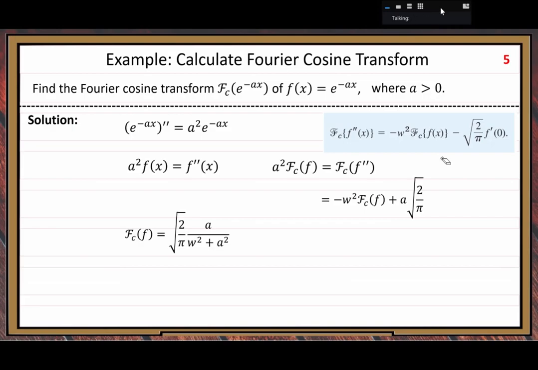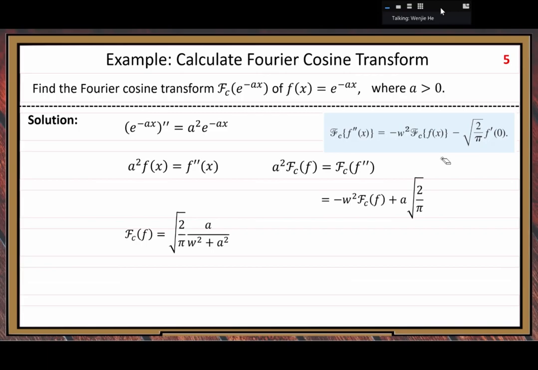But you can try the first derivative version, because after you apply the Fourier cosine transform on the first derivative, you get a Fourier sine transform. So you need to apply the Fourier sine transform to get a Fourier cosine.